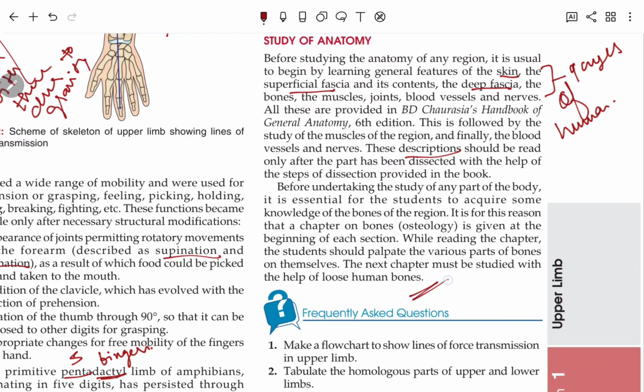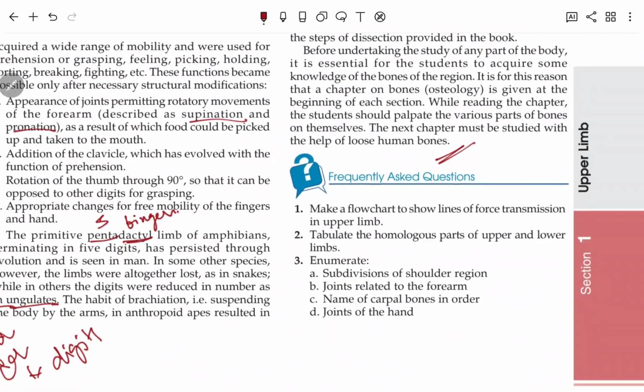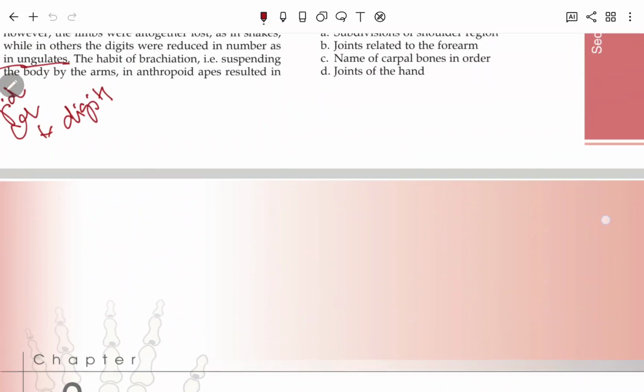So yeah, that's where you need to get the skeletal bones in your hand. You need to palpate the grooves and the landmarks of the bone. But yeah, we will connect the theory with the practical things. So here is the end of the first chapter.